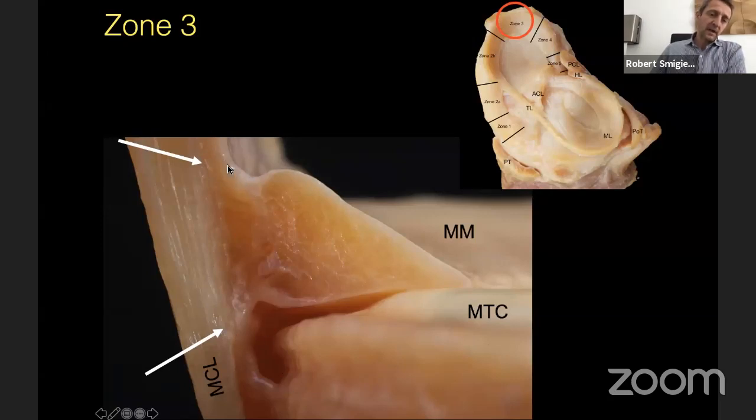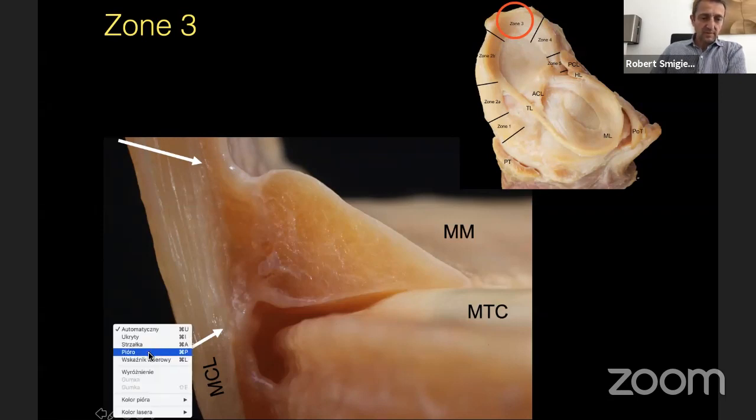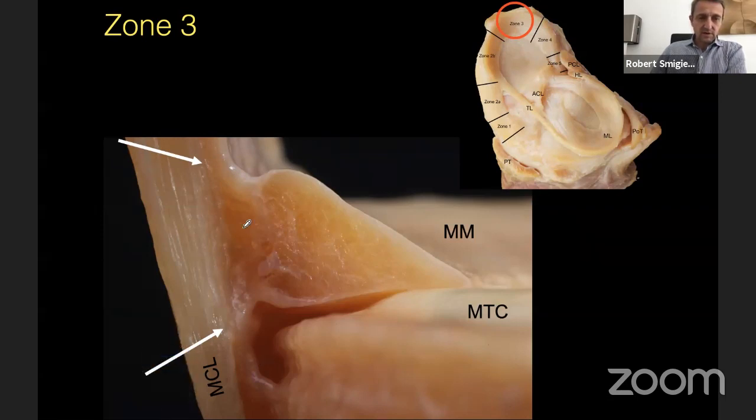In between, in this area, I will show you, we have very small vessels which are responsible for the nutrition of the meniscus. That's why these vessels are going like this to the meniscus.